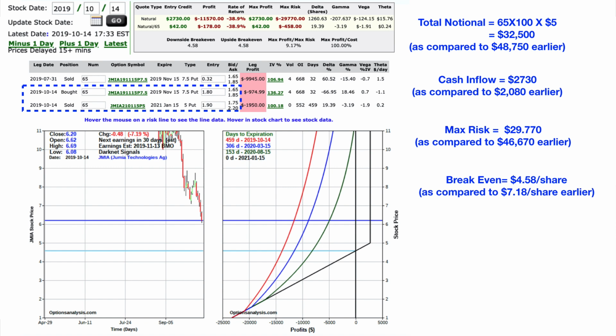And look at the maximum risk this trade has as compared to over $46,000 of max risk which was there earlier. Now my max possible risk has come down to below $30,000. And as compared to the break even of $7.18 earlier, my break even for this trade has also come down to $4.58 per share. So net, I have significantly reduced the risk of that trade, and at the same time I have generated some additional float which I'll now go and invest.